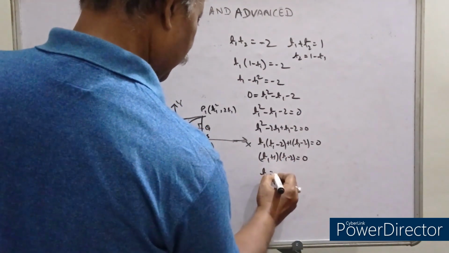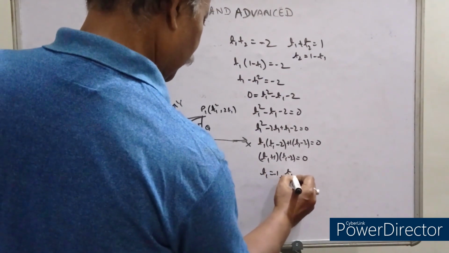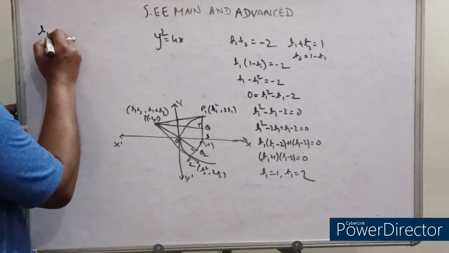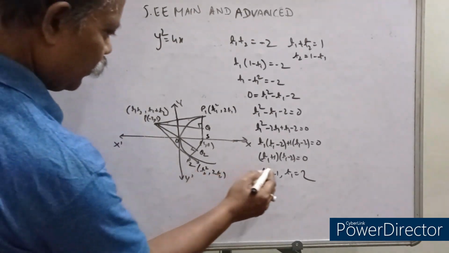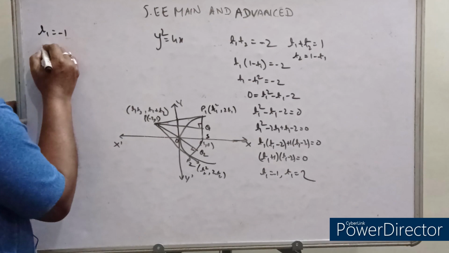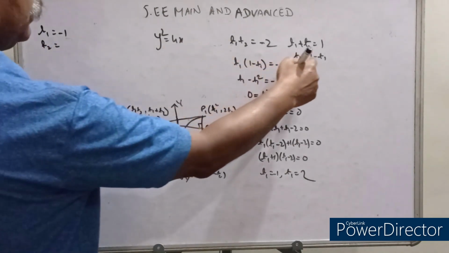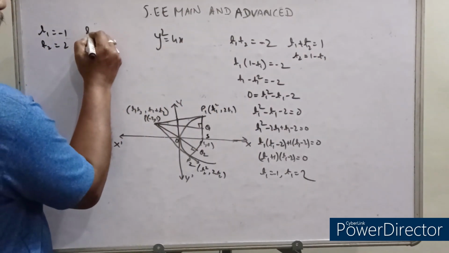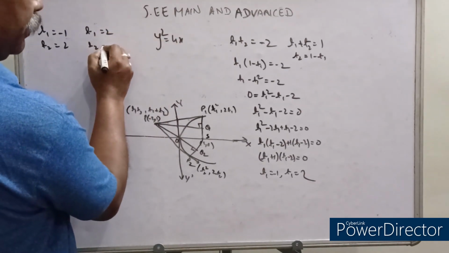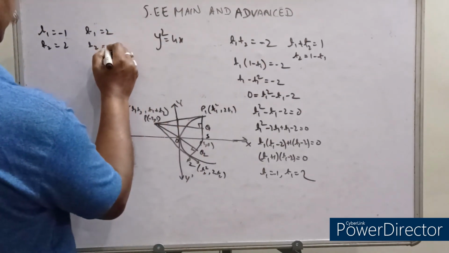So t1 is equal to minus 1 and t1 is equal to 2. When t1 is equal to minus 1, then your t2 will be 2, and when t1 is equal to 2, your t2 will be minus 1.